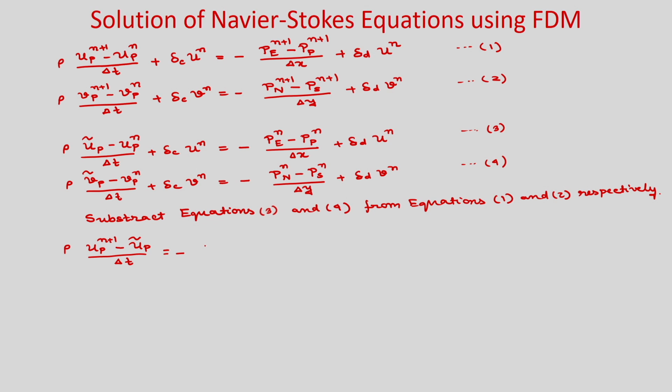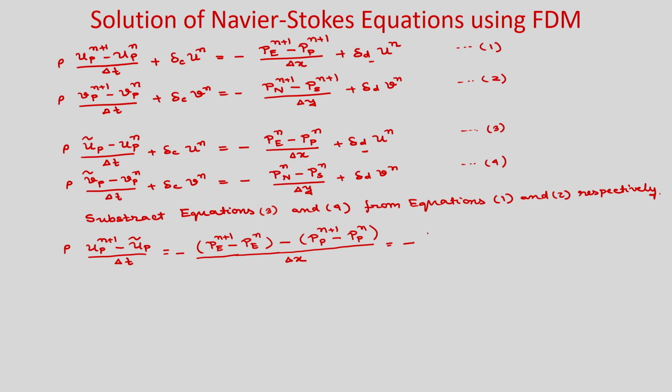So, you can see that you will have minus (P_e^(n+1) minus P_e^n) minus (P_P^(n+1) minus P_P^n) divided by delta x, and you see the diffusion terms are same. So, this will cancel out. So, we will get this equation, and we can write the difference between P^(n+1) minus P^n as P prime.